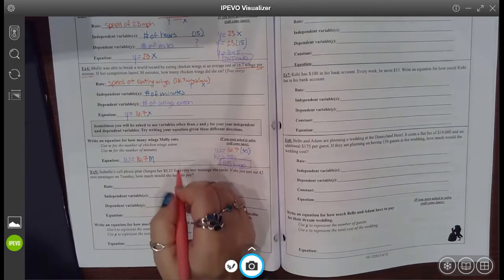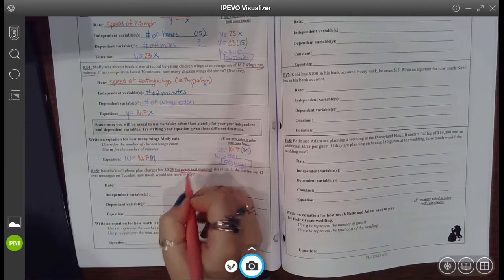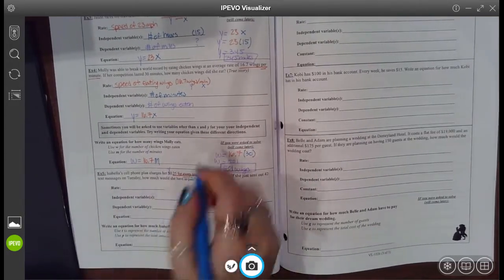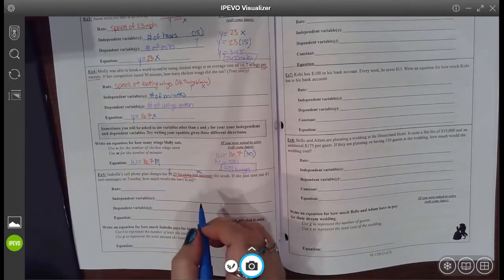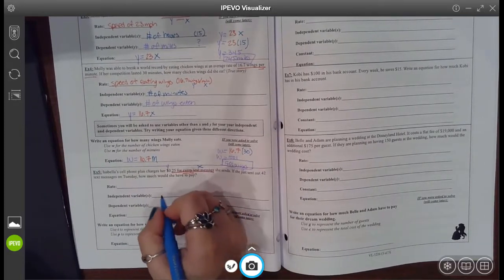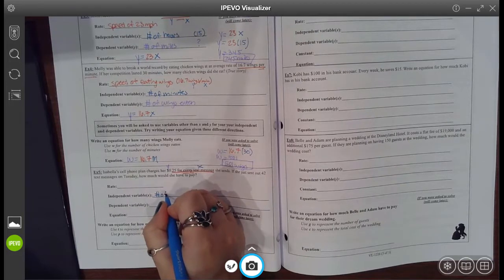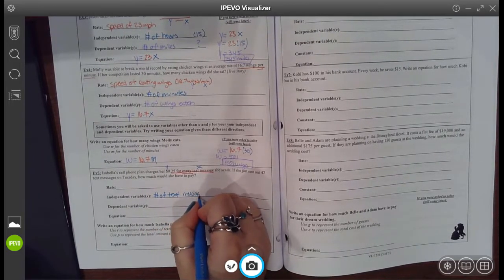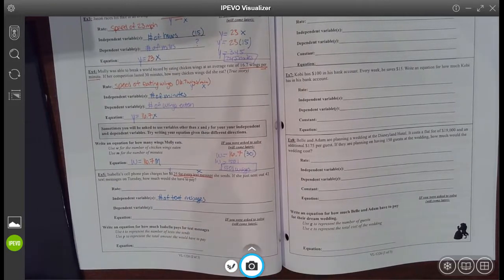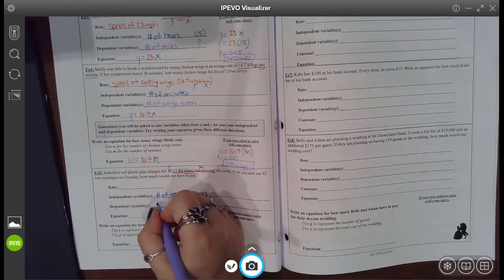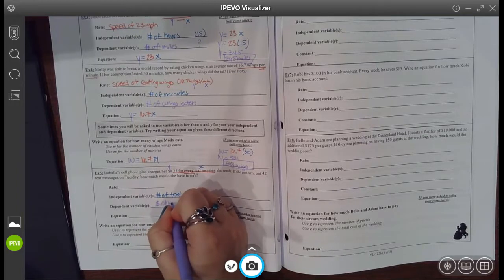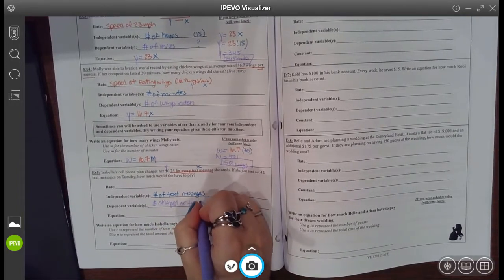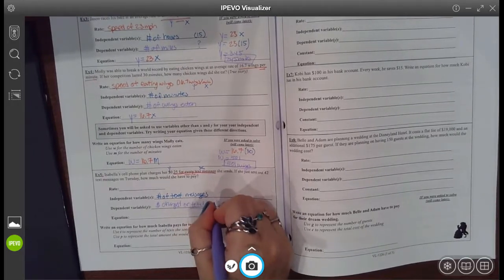Okay, so per each or every right there, and that separates your Y per X. So X, your independent, is your number of text messages. And your Y is the money charged or total she has to pay.